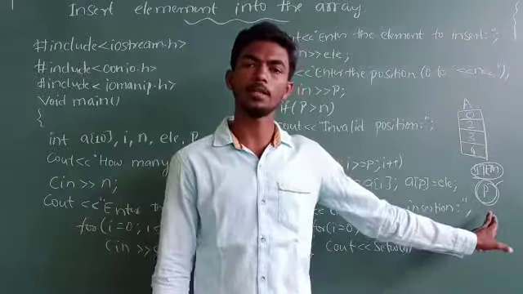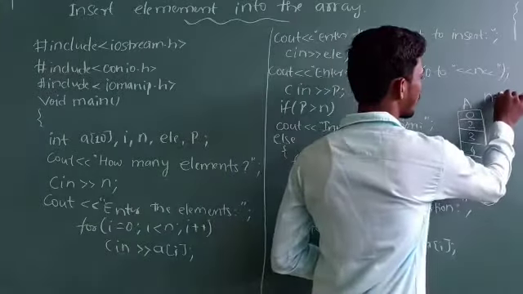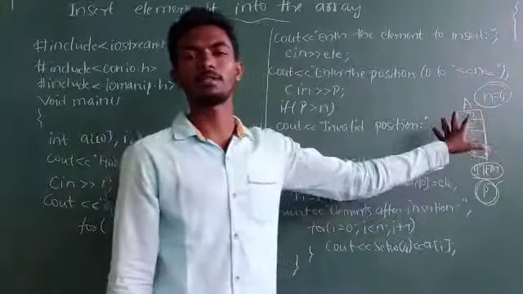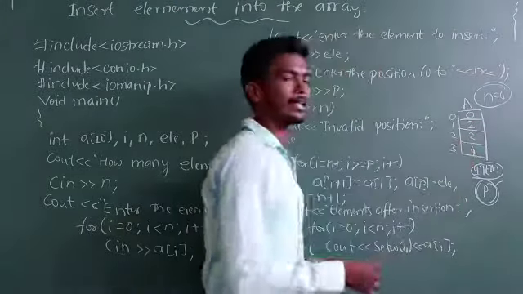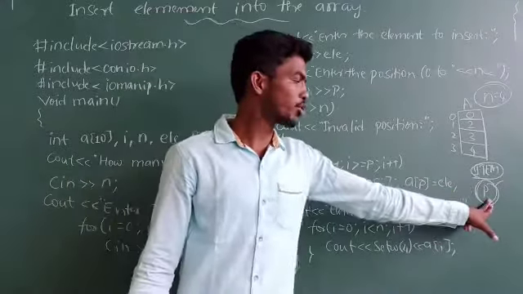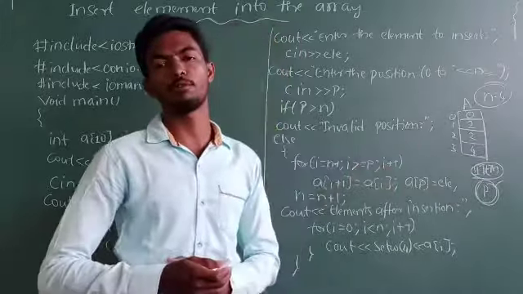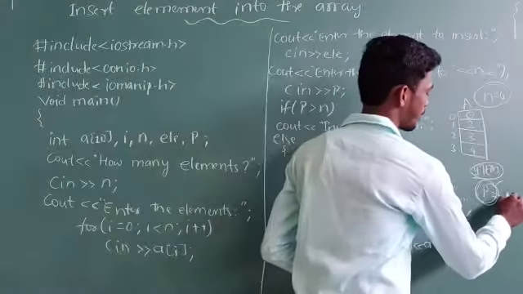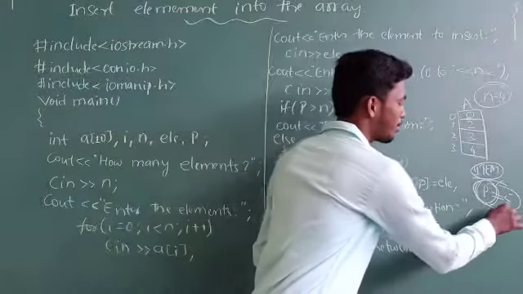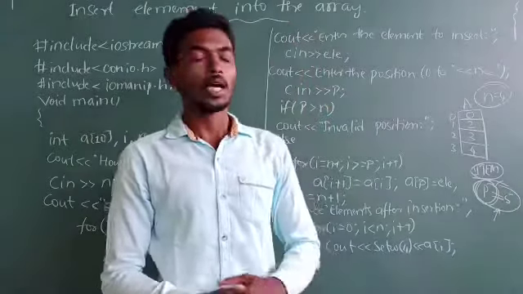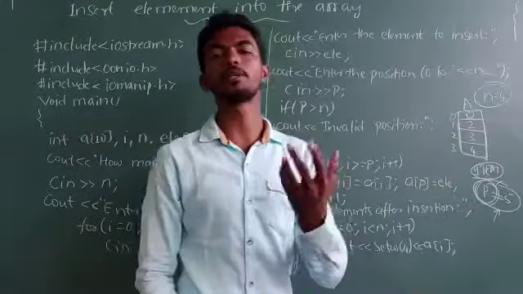If this position is greater than n, for example, here n is 4, because the number of elements is 4 in this array and the indexes are 0, 1, 2, 3. When the position is greater than 4, like 5, for example, it will make this array characteristic false.